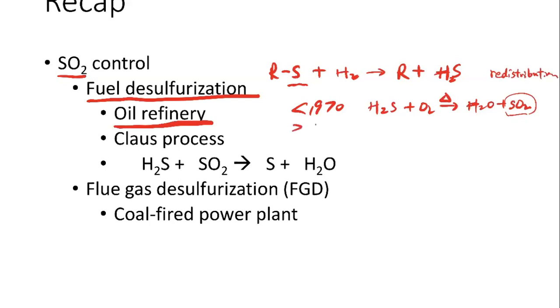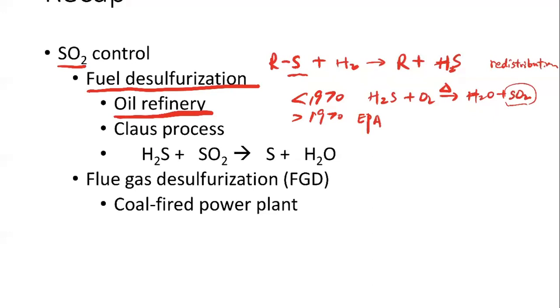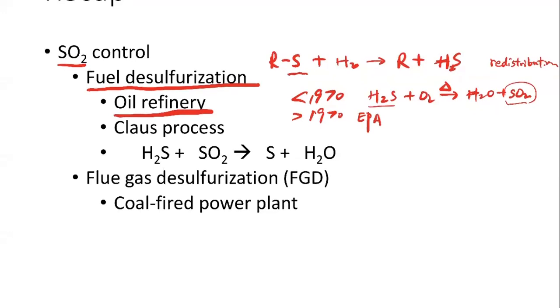And we mentioned that after the 1970s, because of the EPA, we put more regulations on sulfur dioxide emission. So environmental engineers got imaginative, right? We can think of a way to deal with the problem of both the hydrogen sulfide and the sulfur dioxide.